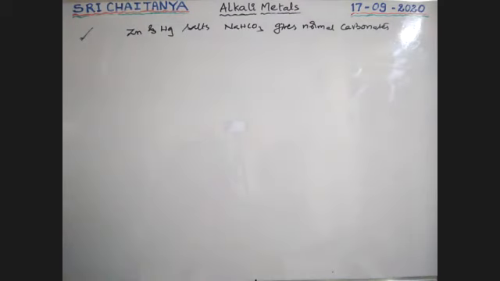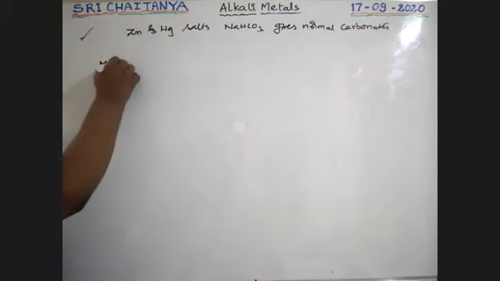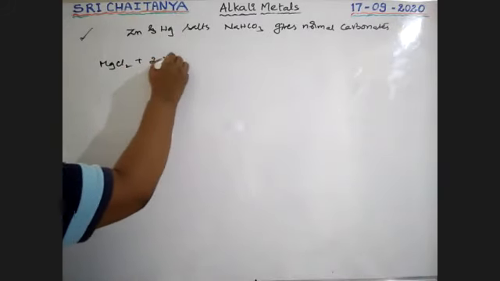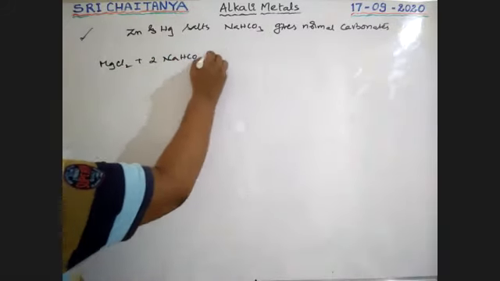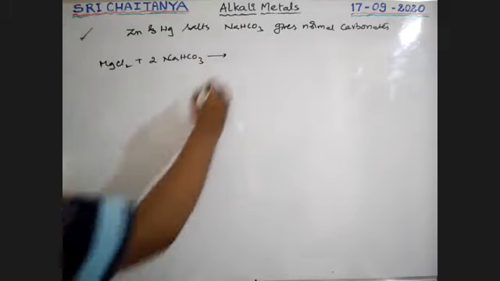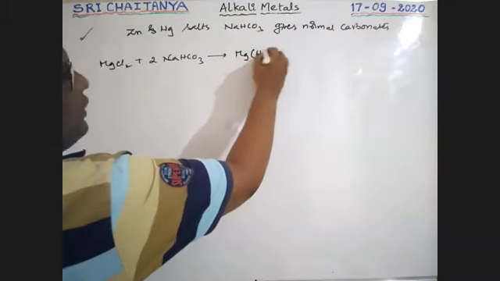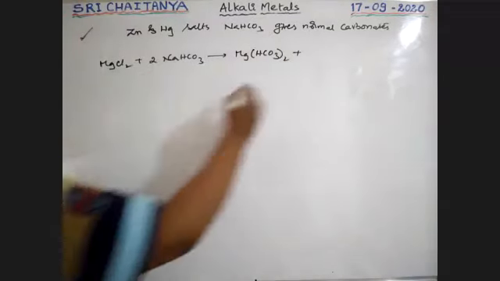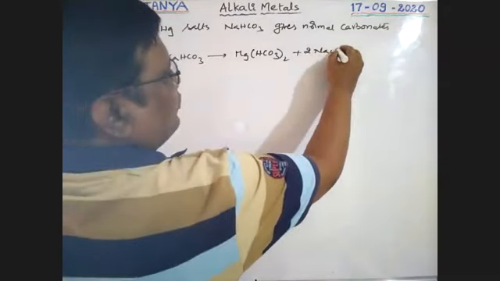See here what happened. MgCl2, magnesium chloride, reacts with NaHCO3 and first gives magnesium bicarbonate plus 2 NaCl.